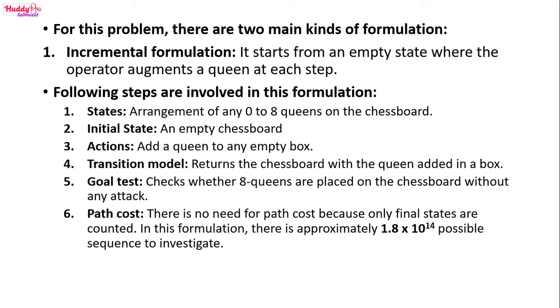You are making an action, and the transition model returns the chessboard with a queen added. So whenever you do an action and you add a queen, what is returned is the transition model. Then the goal test: you're checking whether the 8 queens are placed on the chessboard without attacking each other. So that's your goal test. And the path cost: there is no need for path cost because only final states are counted.